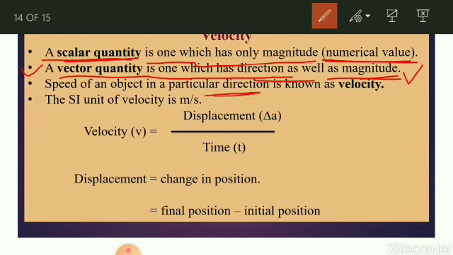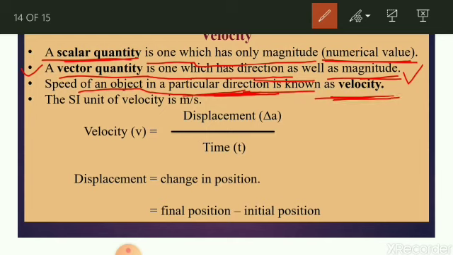Means if any object is moving in a particular direction and covering some distance in a particular time, then any object is covering some distance in unit time in a particular direction. So we can say that the speed of an object in a particular direction is called velocity.